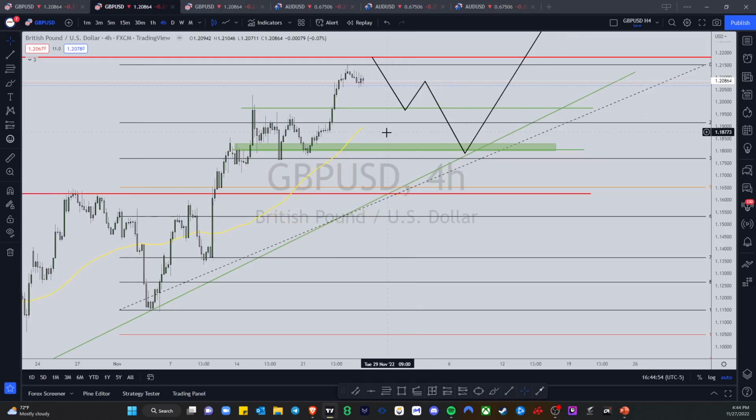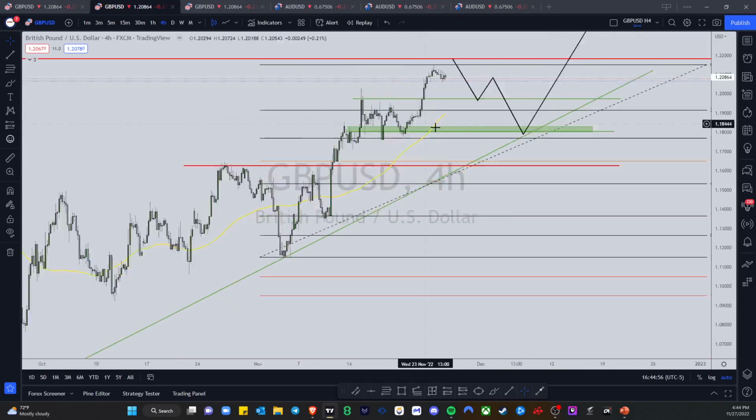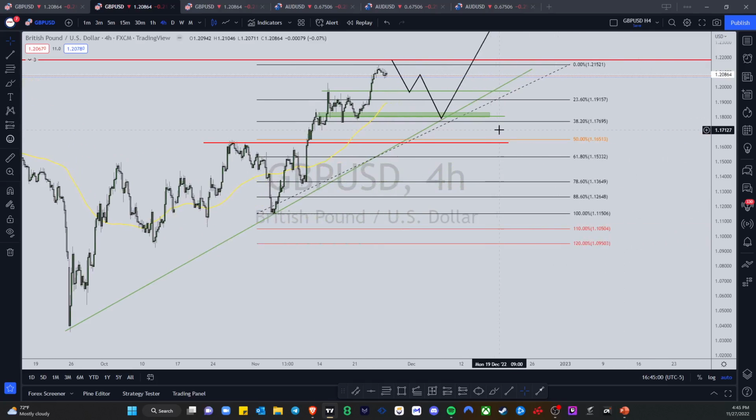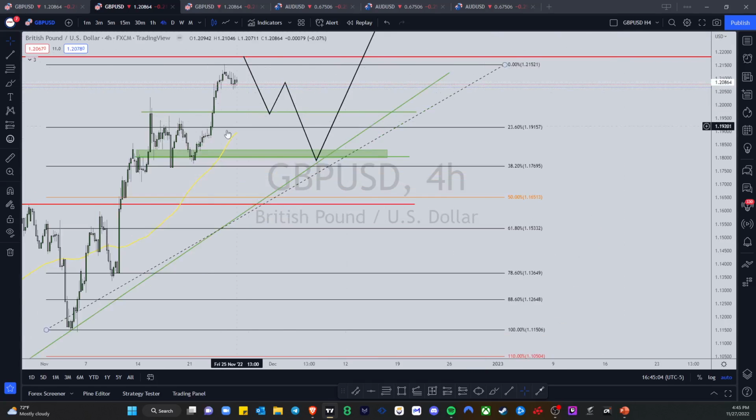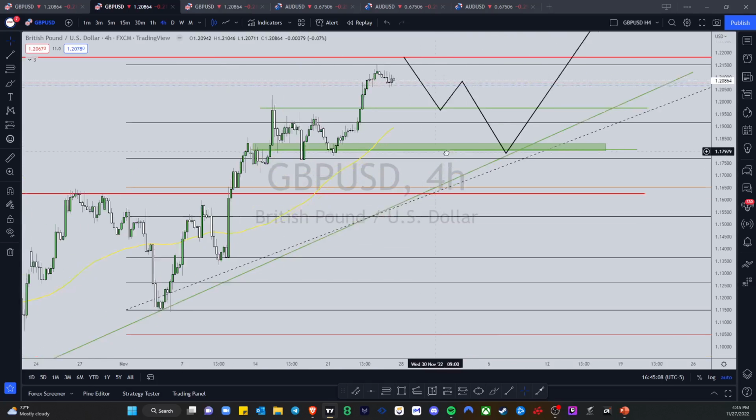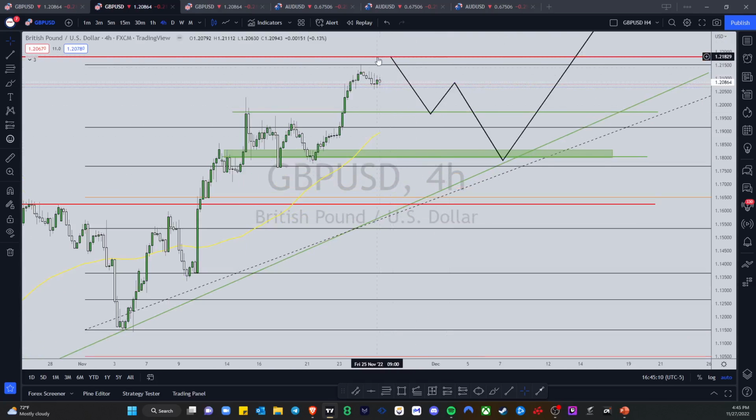H4. All my charts, I was pre-marking them, putting stuff on them, so that's why you'll see all this stuff in there. So GU H4 is pretty much the same thing. This red line is daily resistance, the same thing I was showing you guys.